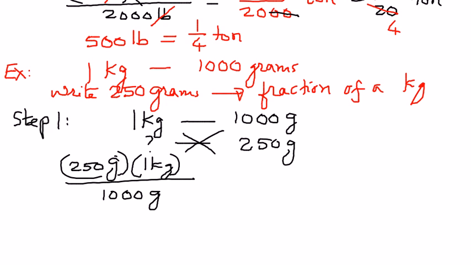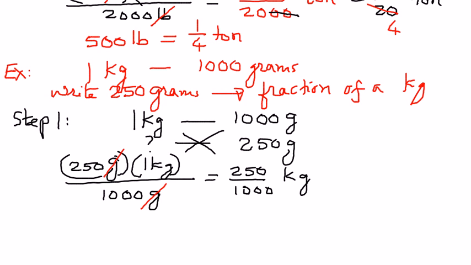So now we can simplify this as we did in the previous example. The grams and grams cancel out. The answer is going to be in terms of kilograms. We're going to express 250 grams as a fraction of a kilogram. So what we have here is 250 divided by 1000, and this answer is going to be in kilograms.